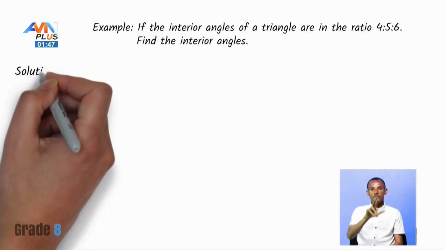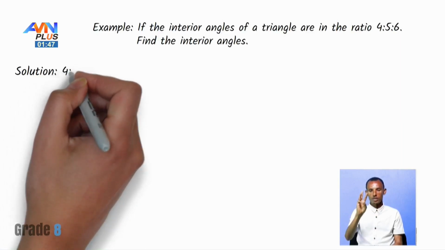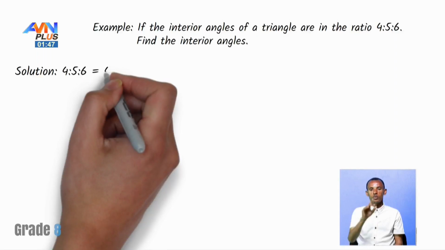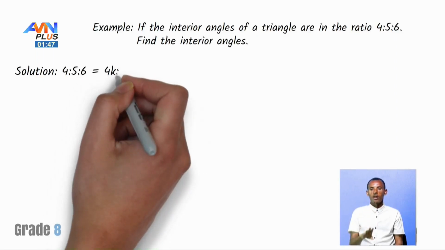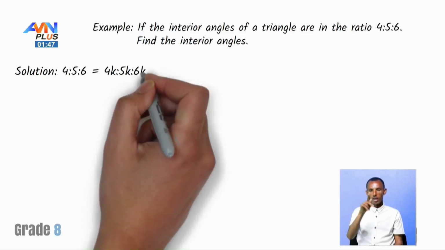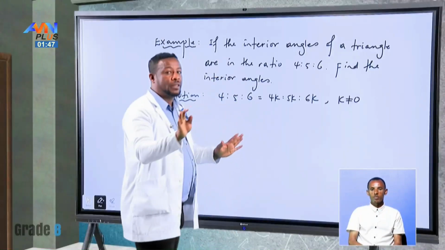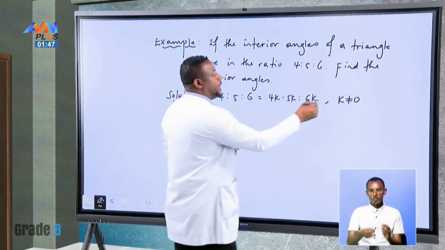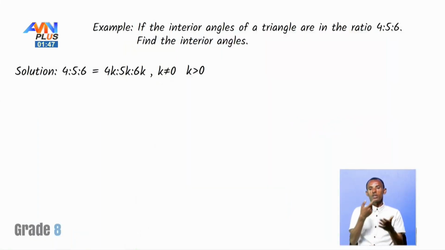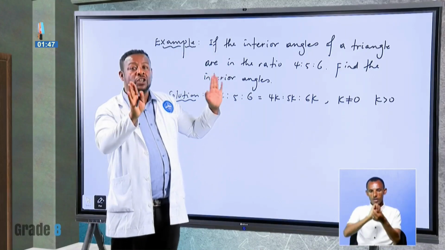4, 5, 6 is equivalent to 4K, 5K, 6K, where this K is a number different from 0 and positive. It should be a number bigger than 0, so that this simplified form can be converted into its original form.